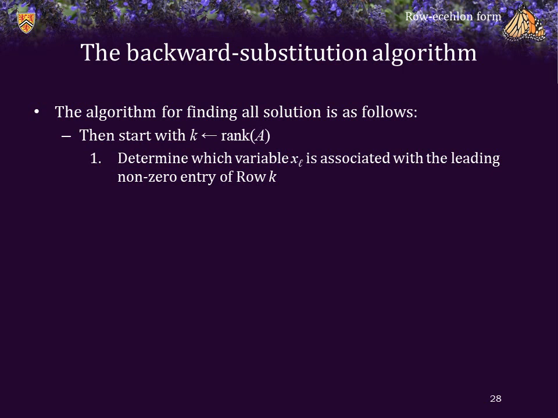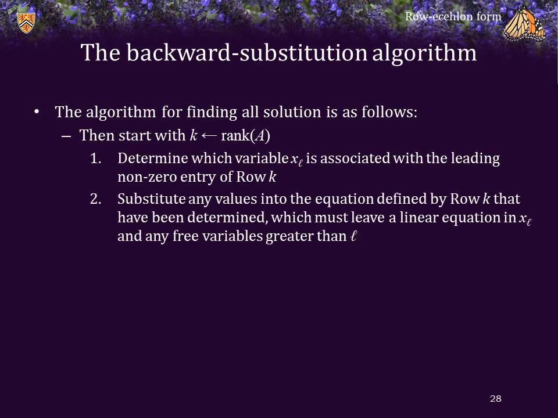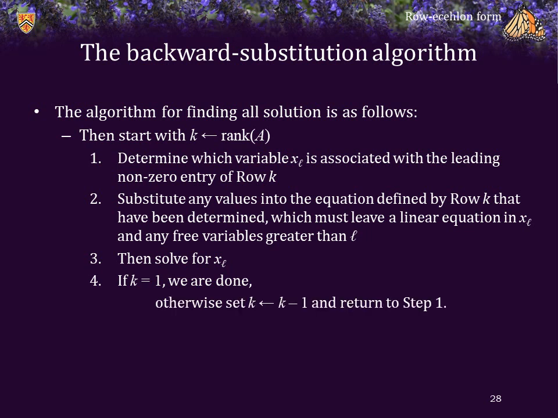Determine which variable x sub L is associated with the leading non-zero entry of row K. Substitute any values into the equation defined by row K that have already been determined, and this is going to leave us with a linear equation in x sub L and any free variables where the subscript is greater than L. Solve for x sub L. If K is equal to 1, we are done.